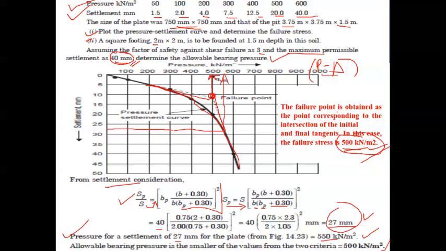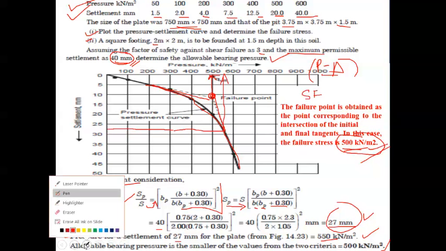So the first criteria we used is the shear failure criteria, and depending on the settlement criteria, we determined another pressure. There are two criteria that we discussed in this particular problem. I hope you understood the concept.